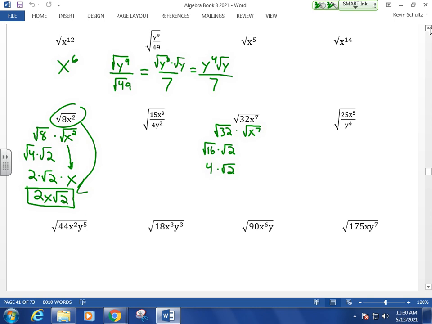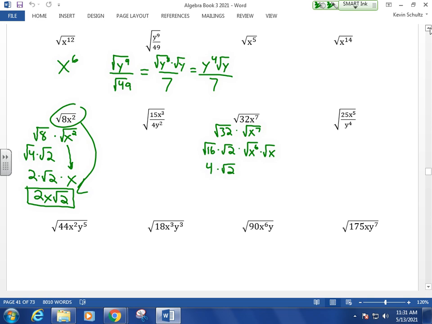So we go to our x to the 7th. We know what the rule is. Maybe we can do it mentally. But essentially, the math behind the rule is that we are rewriting this to be the root of x to one number less, x to the 6th. Get that even power. And then the root x is my leftover factor, because x to the 6th times x is x to the 7th.